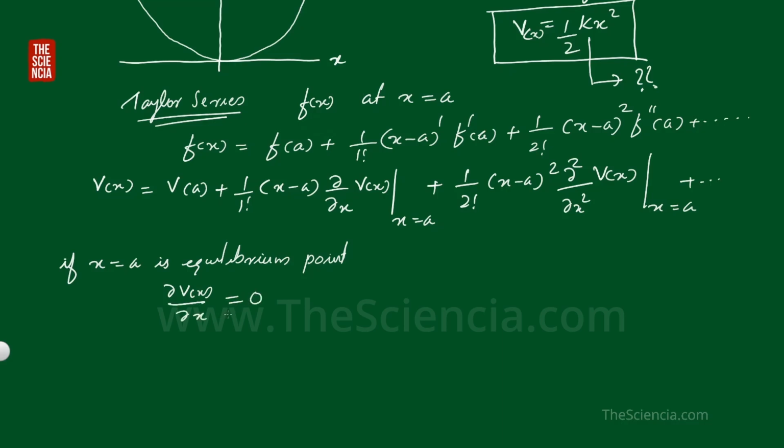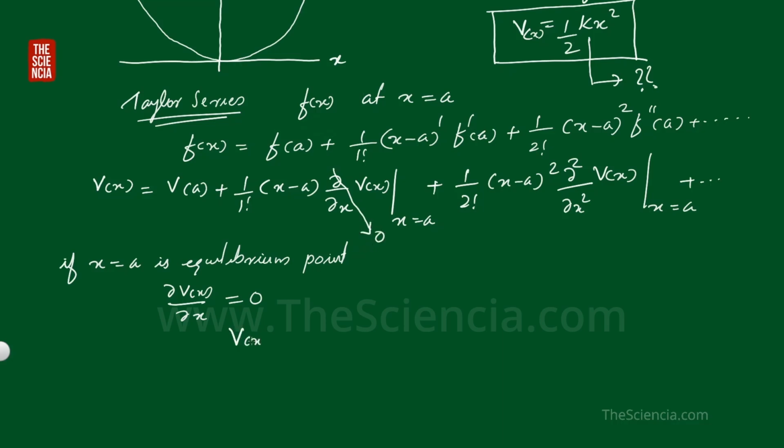That is, the slope will be equal to 0 at an equilibrium point. The equilibrium point may be stable equilibrium or unstable equilibrium, but for an equilibrium point, the slope must be equal to 0. Therefore, this term is equal to 0.